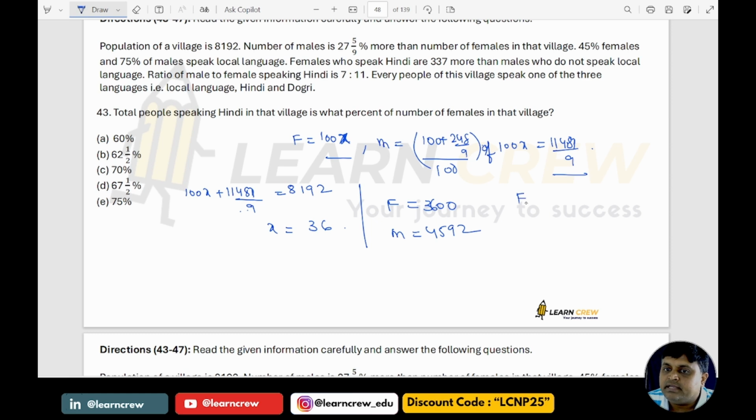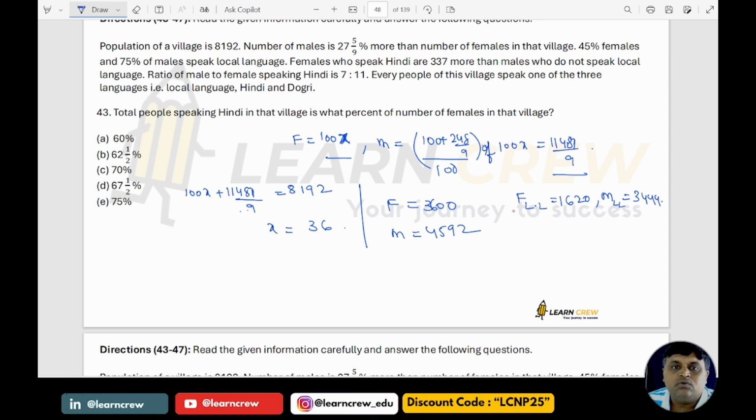Female speaking local language is 45% of 3600, which is 1620. Male speaking local language is 75% of 4592, which is 3444.